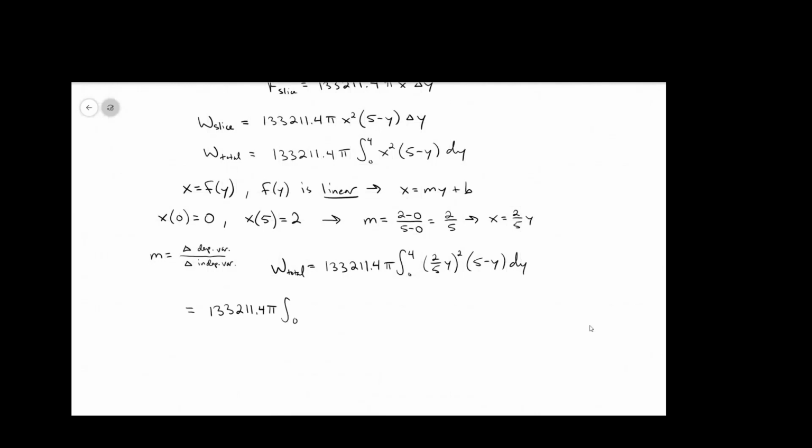So we've got to simplify this. We're going to write this as 4 over 25 y squared, and then (5 minus y). And let's go ahead and multiply that number by 4 over 25 and see what we get.